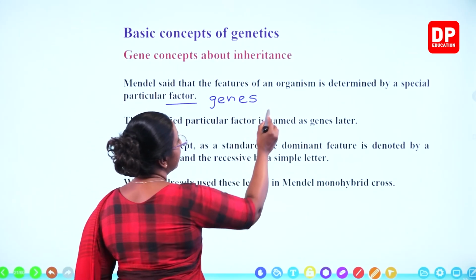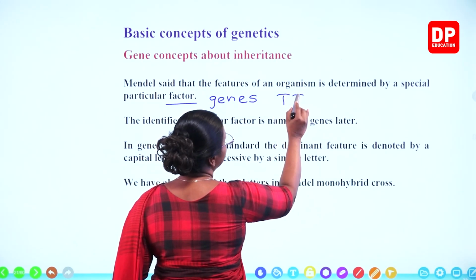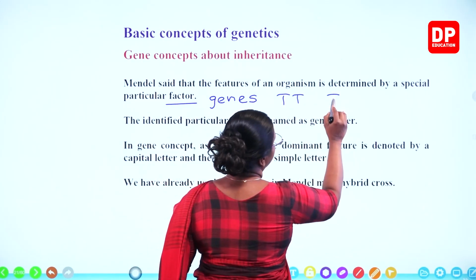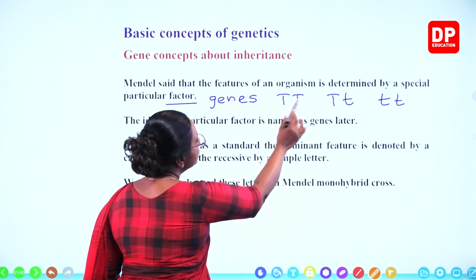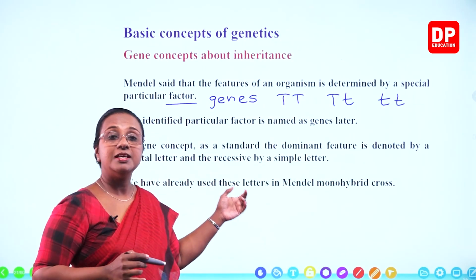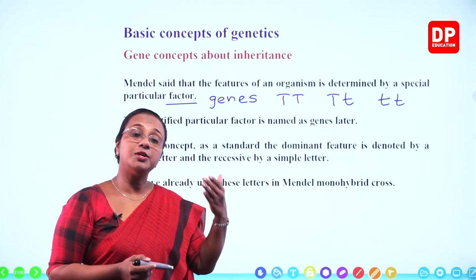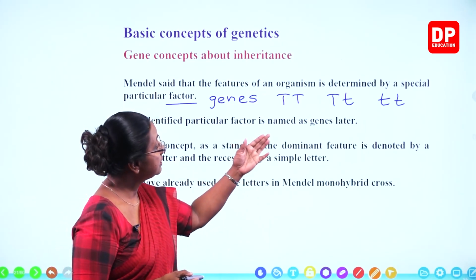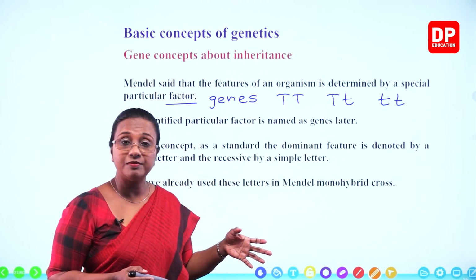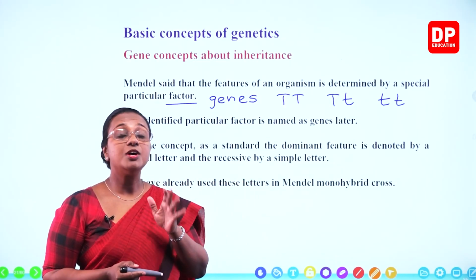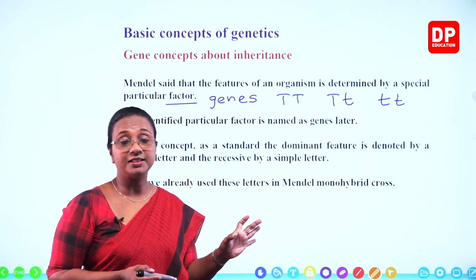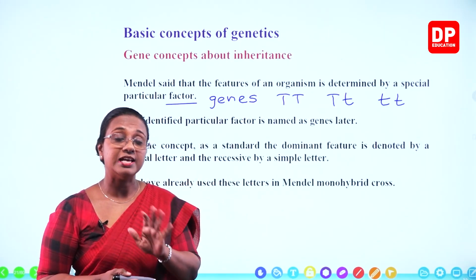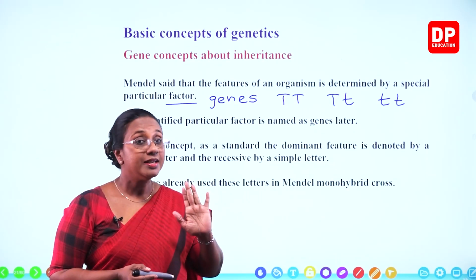We said there are two factors, let's say capital T or capital T, then simple t. Those are the factors. Capital T is the factor responsible for the dominant tall character. Simple t is the factor responsible for the recessive short character. So these factors are what is known as genes. Is that clear, student?